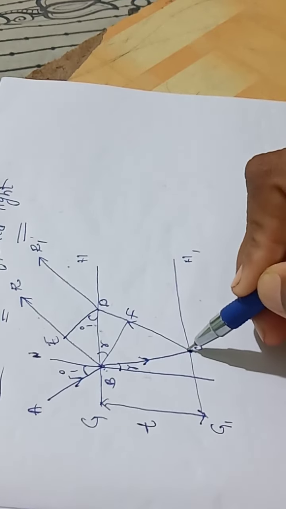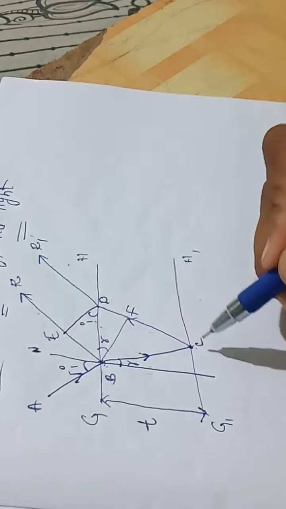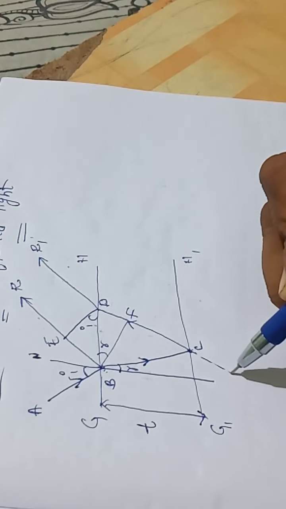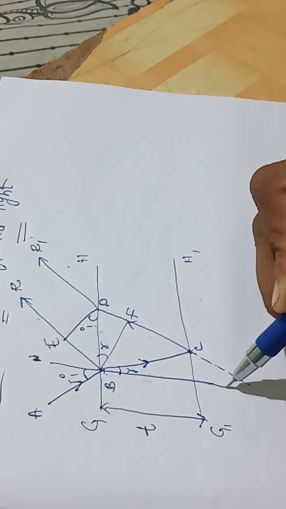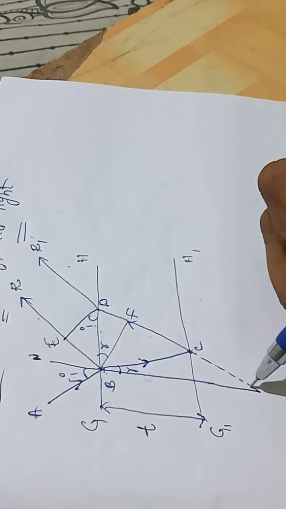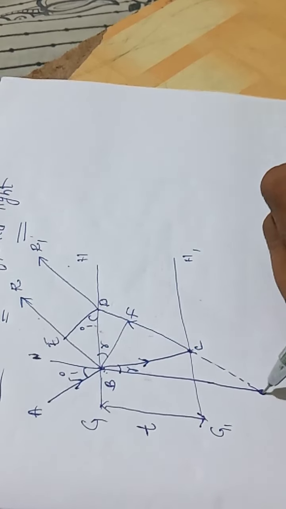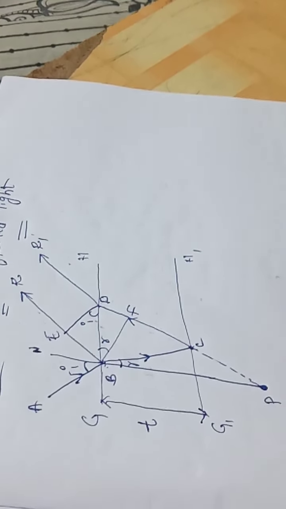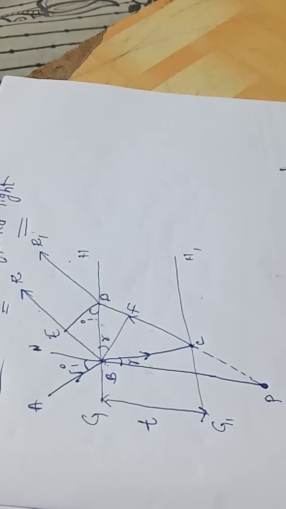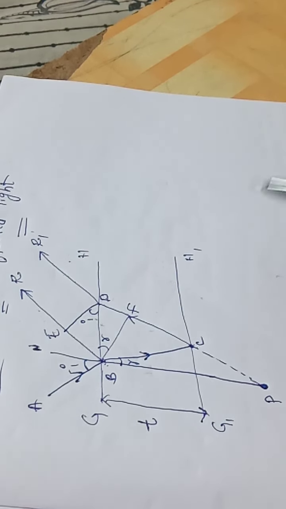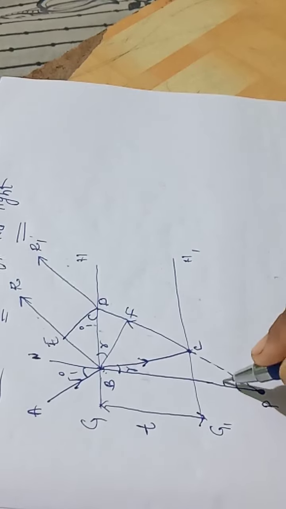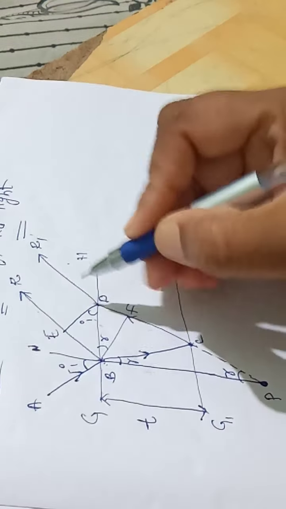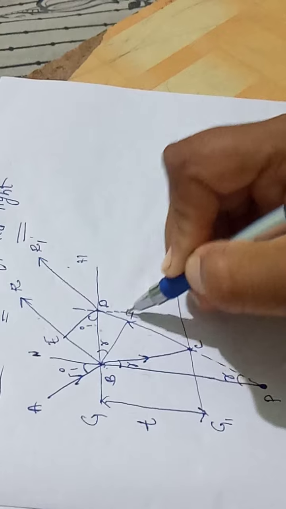Now let us produce CD in the backward direction, meeting at some particular point P. This is the angle of refraction, the normal drawn.